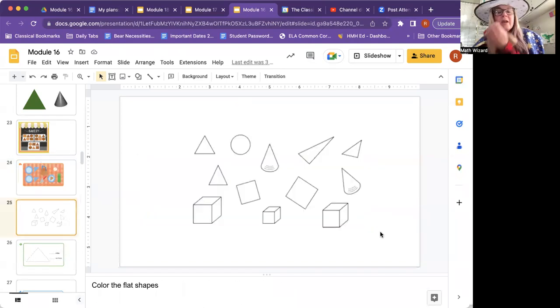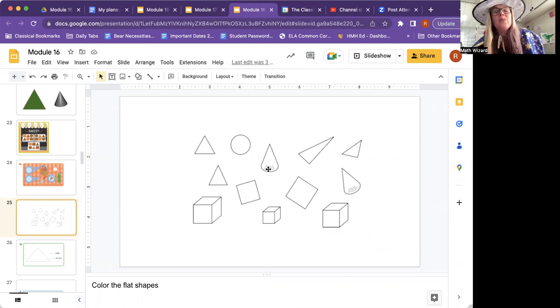All right. You're going to color the flat shapes. Now, remember, we talked about this in the other two modules. How can you tell if it's flat? Well, it's on my paper. It's obviously flat, except that we're looking at what the shapes are representing. You see those lines? Those lines mean it's a curved side. These are supposed to be cones, right?